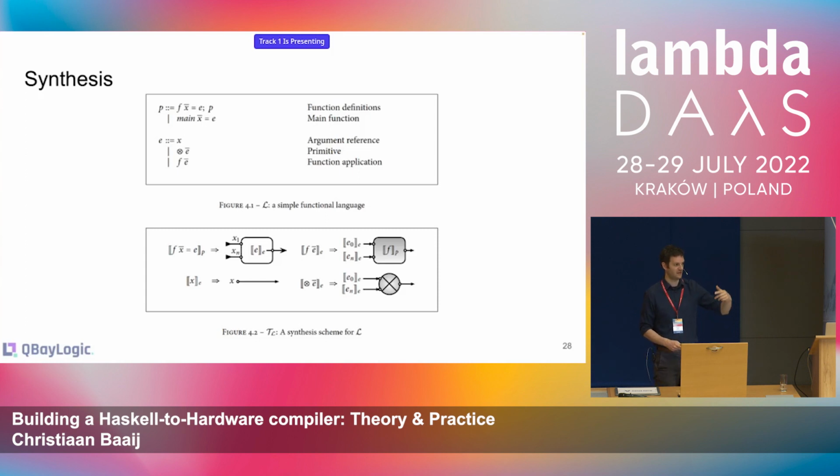We connect all of the arguments, and then we go inside of that block and translate the expression. Now, argument reference is very simple. We just connect to one of the referenced arguments.